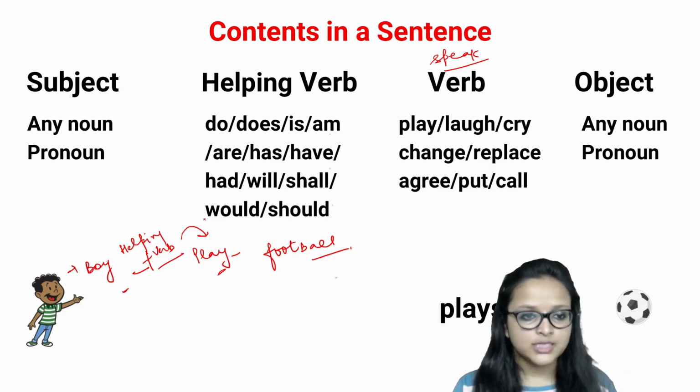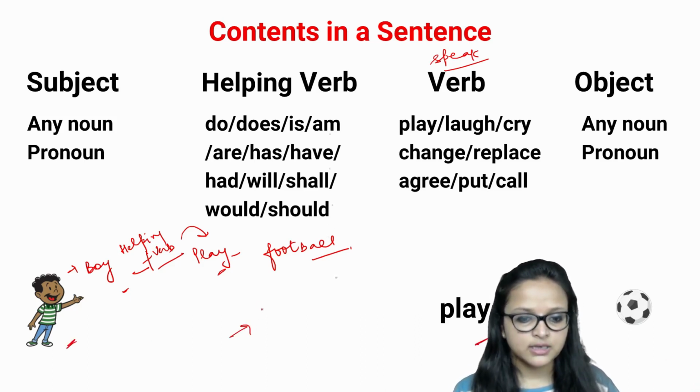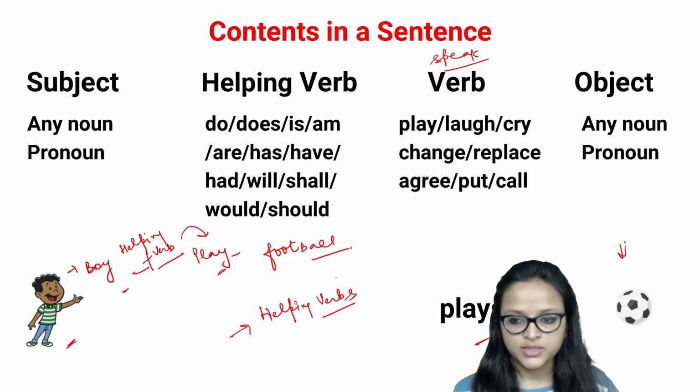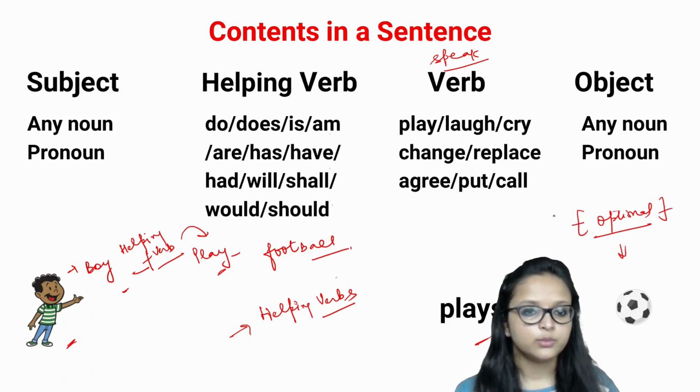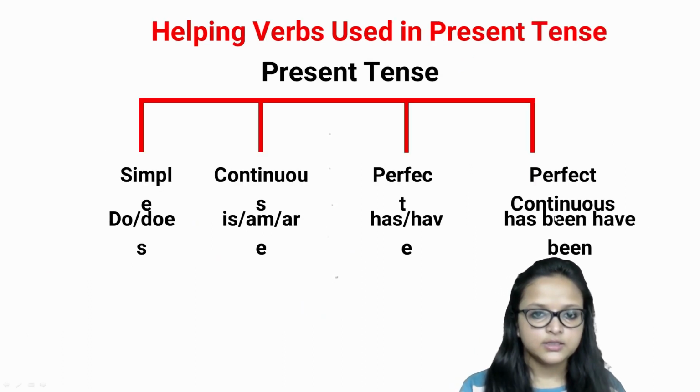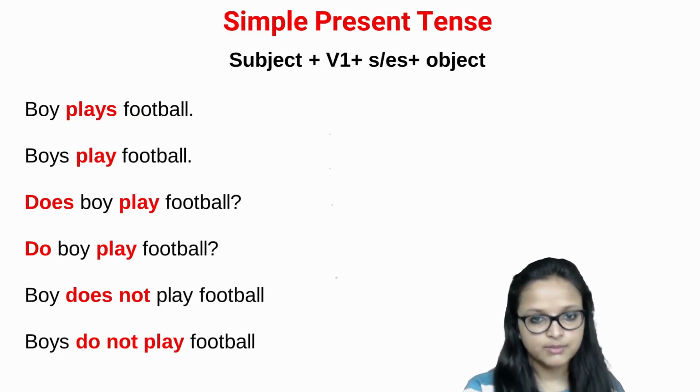Helping verbs are placed between subject and verbs. Okay, so in subject and verb, we adjust our helping verbs. And objects are optional in your sentences. You need it or you don't need it. It depends upon you. Alright, so we will start with the simple present tense.